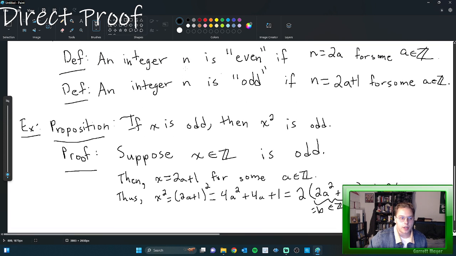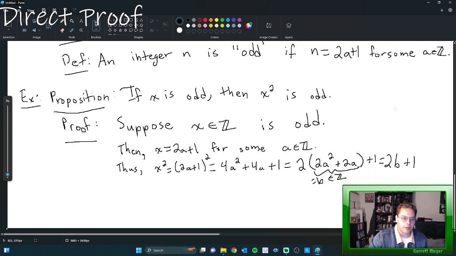And here we see that the definition of something being odd is 2 times some integer plus 1. And we use that definition here as well. What we've shown is that x squared fits that definition of an odd number. So x squared is odd.